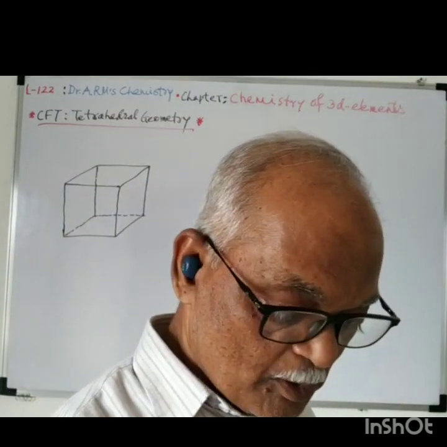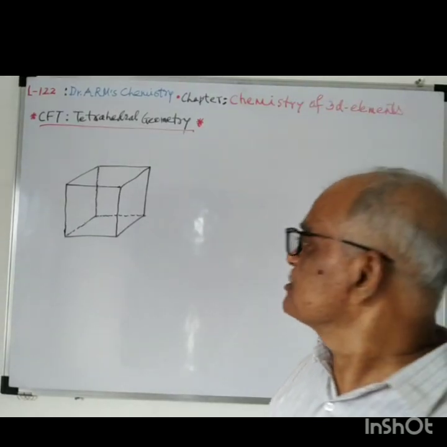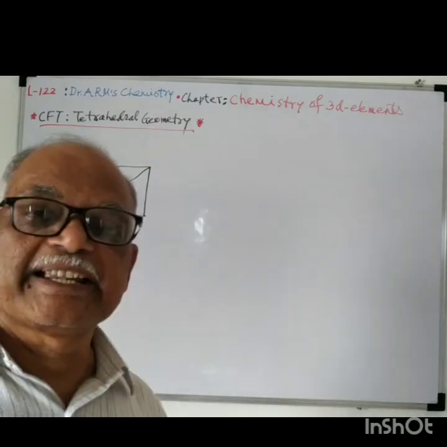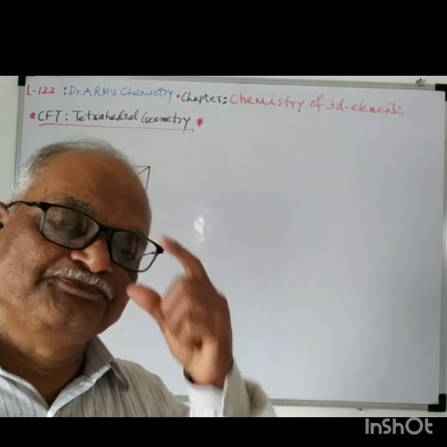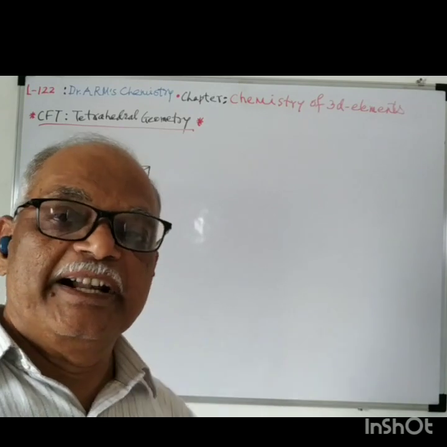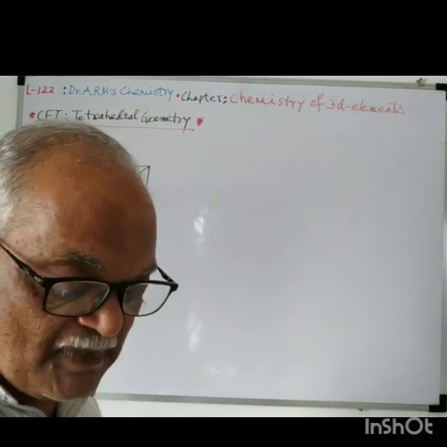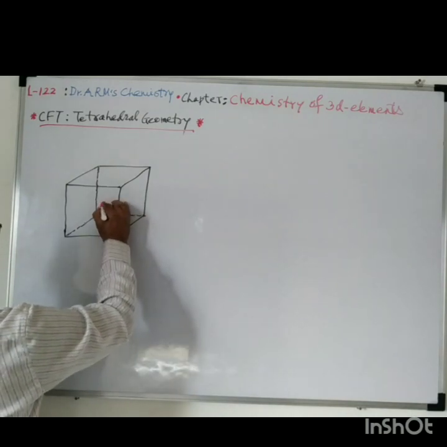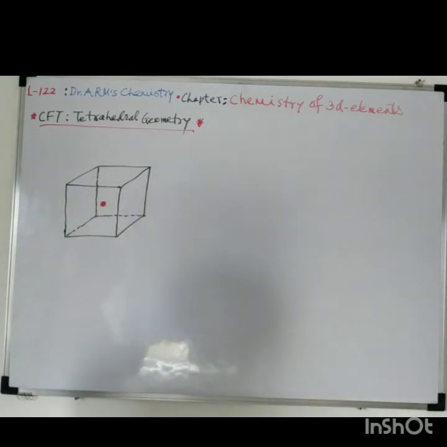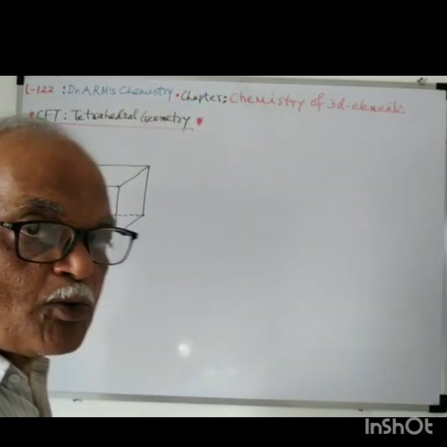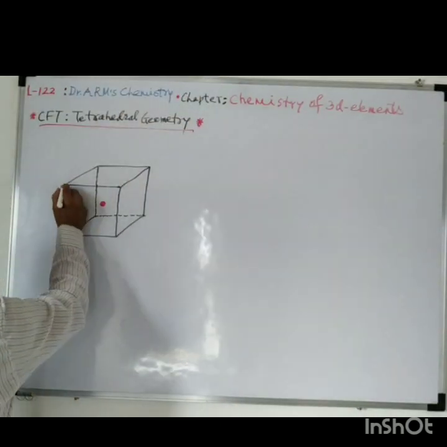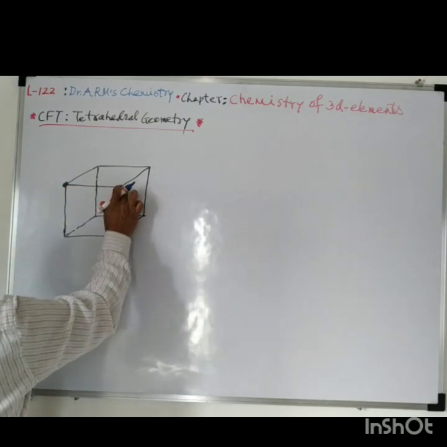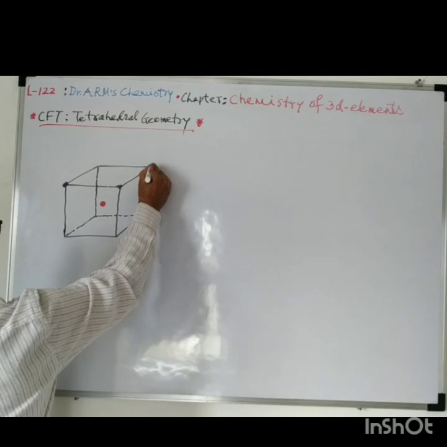This is our cubic structure, in which these are the four vertical faces and two upper and lower faces, and the metal ion is situated at the center like this, and the ligands are occupying the four corners like this. See, these are ligand positions.